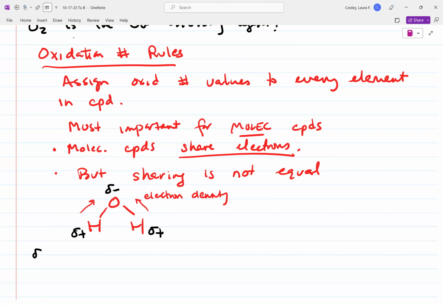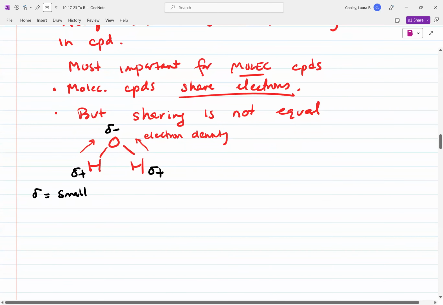Delta means small. So in water, the oxygen is more negatively charged than the hydrogens are. The oxidation number system tries to sort this out and assigns numbers to every element in a compound.